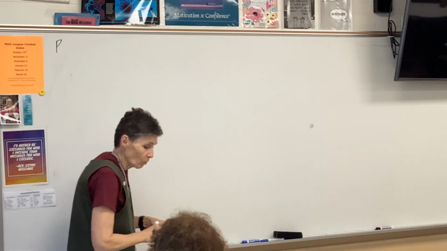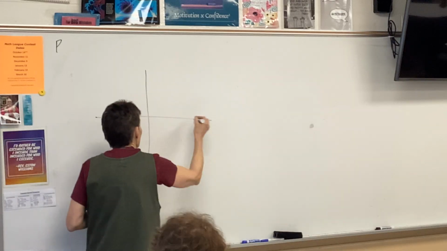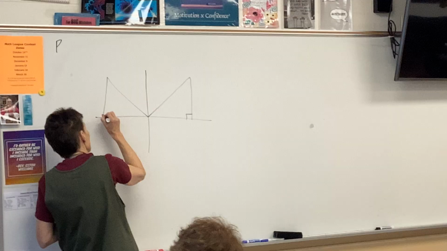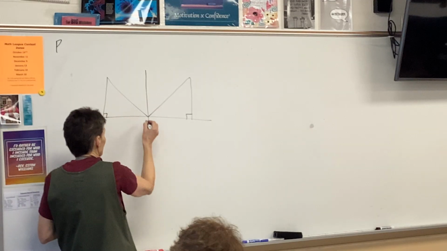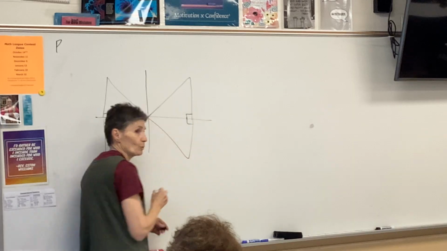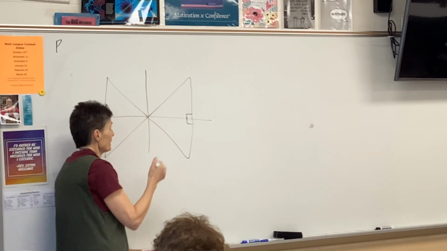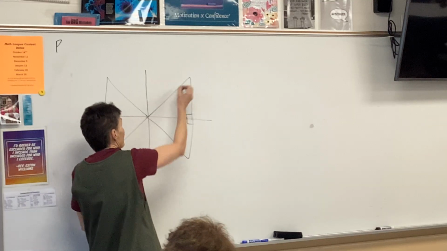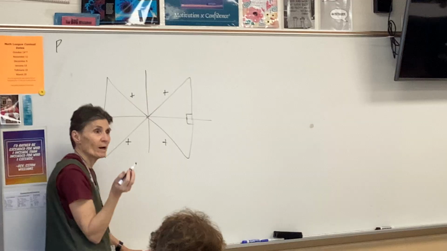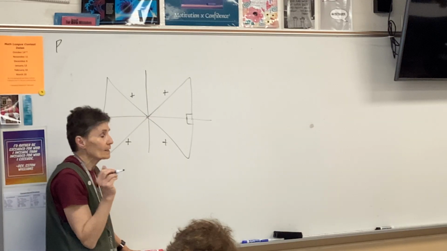So before we even start, would everybody agree that the hypotenuse is always positive, so it doesn't matter where I am, the hypotenuse is going to be a positive number.